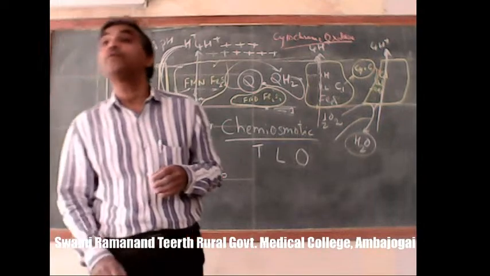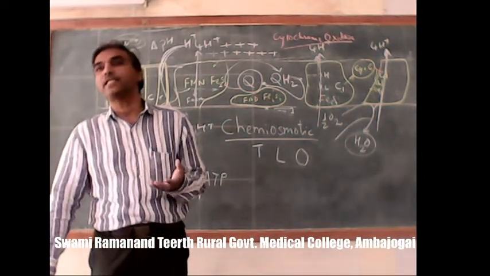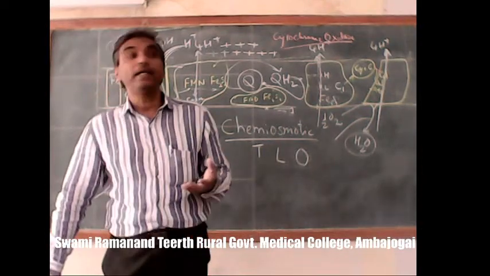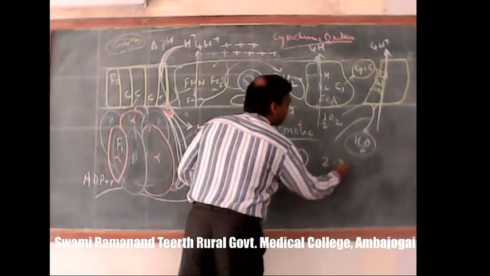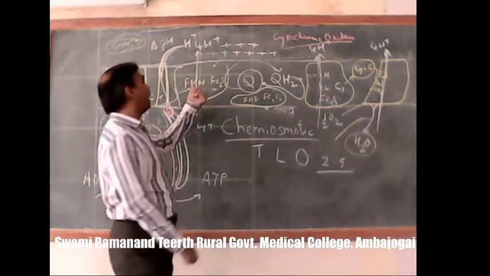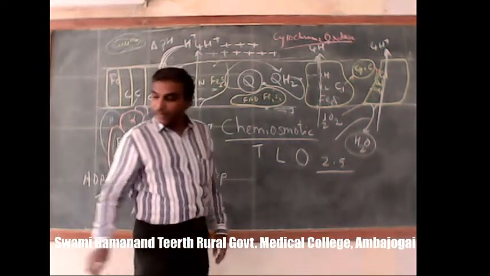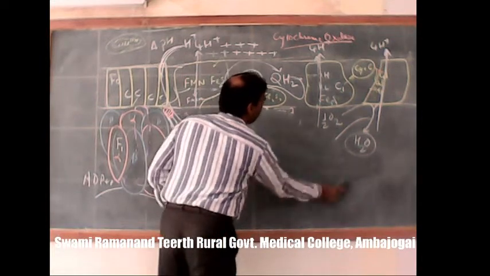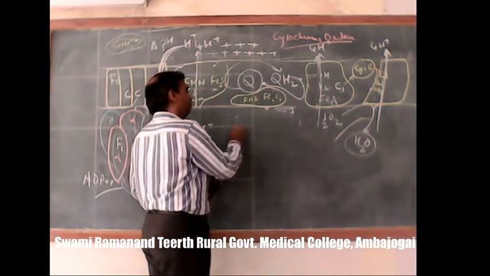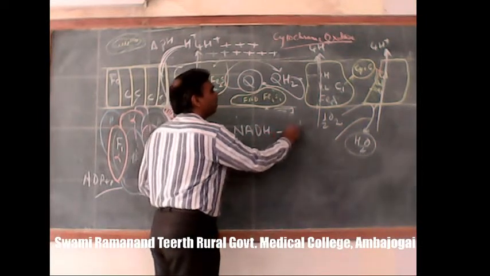Because of the P/O ratio. How many ATPs are synthesized per atom of oxygen? It is around 2.5 if substrate enters at the level of complex 1. So from NADH, if substrate enters at the level of NADH, you get 2.5.